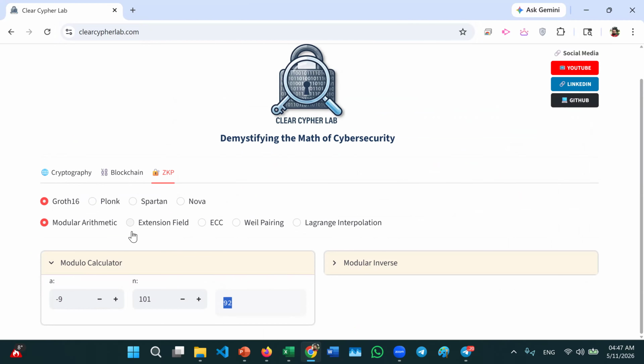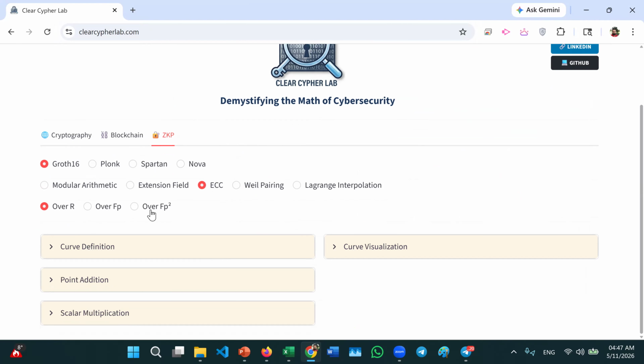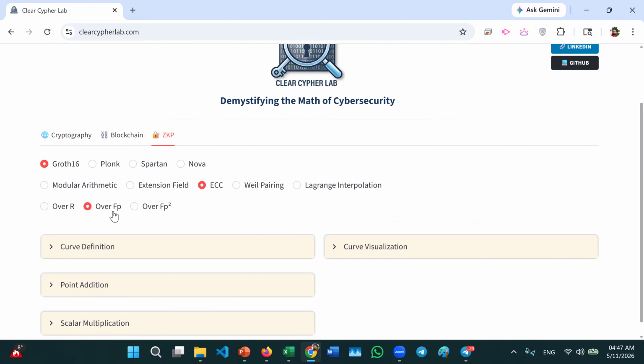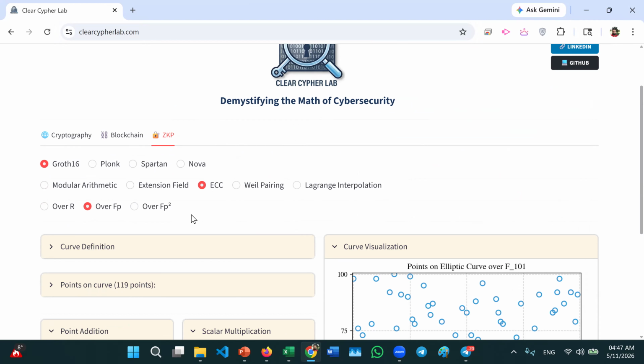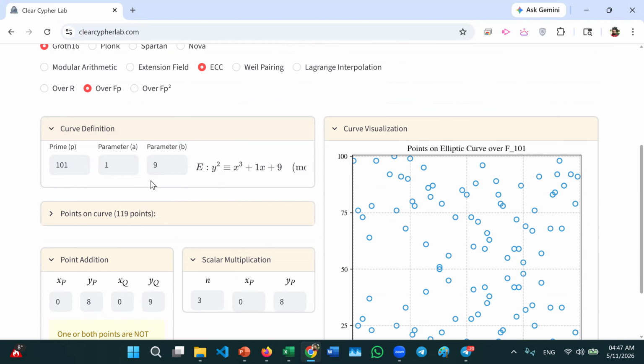Okay, so let's see the website. In the website, in the elliptic curve cryptography, when you click on over F of p, you can pick different values for the parameters of the curve, and also determine the F sub p, which is the field.